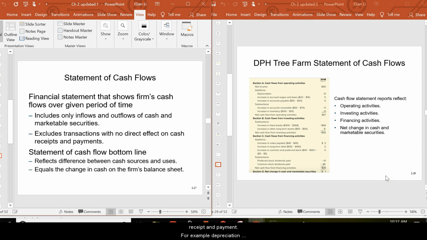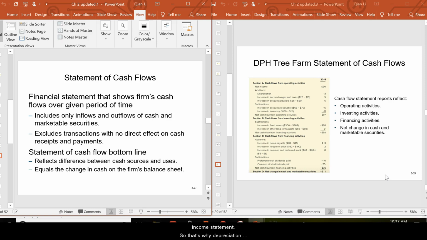For example, depreciation expense would be recorded in the income statement as one of the operating expenses. However, there's no cash payment for depreciation expense. You do not pay anyone the depreciation expense. You just record that depreciation expense on your income statement.